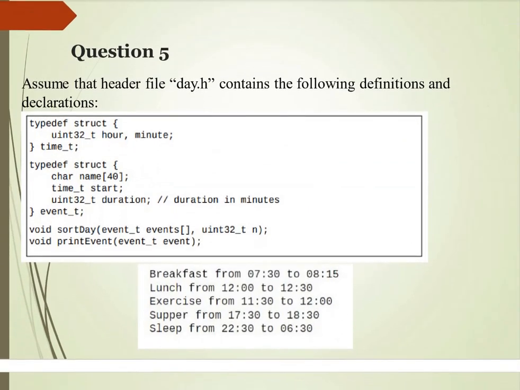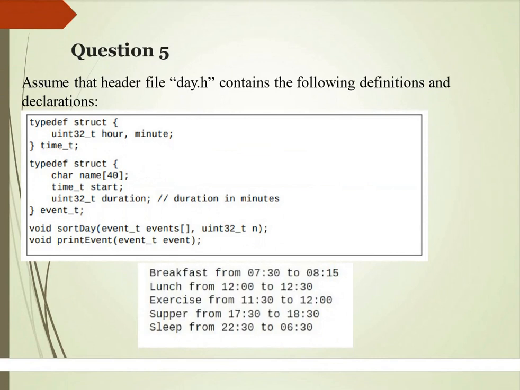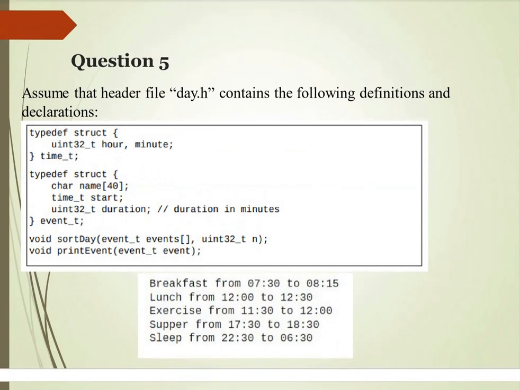So let's go to question 5. Here we assume that we have a header file, day.h, that contains the following definitions and declarations. So let's look at the code. First of all, we have a structure called time_t, which includes an hour and a minute. Then we have another struct called event_t, which includes a name and a start, whose type is time_t, which is defined here.